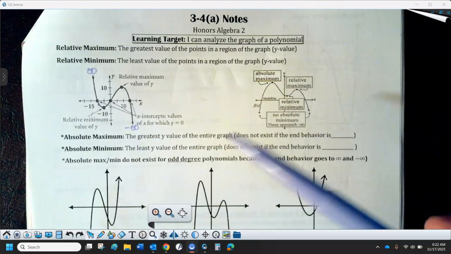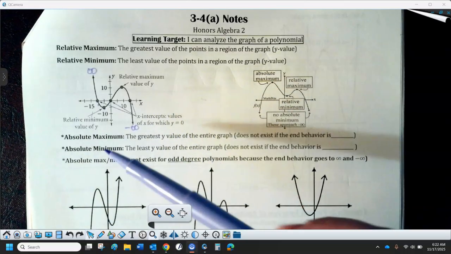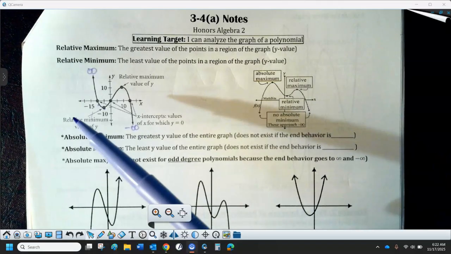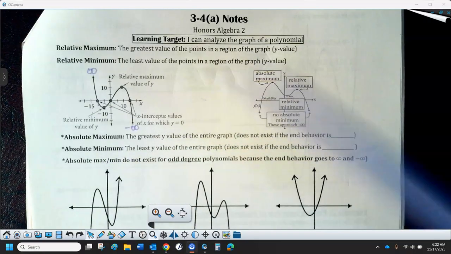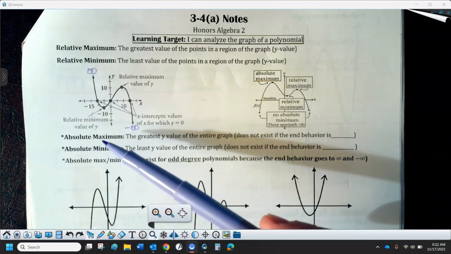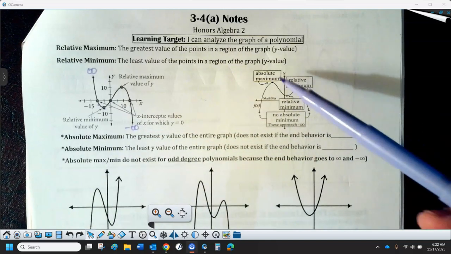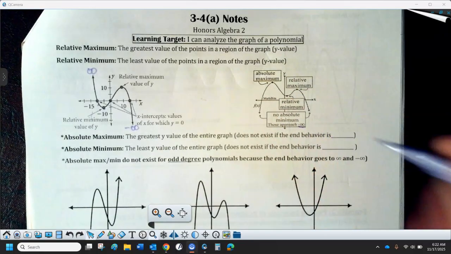Now, if you have an odd degree, you do not have what we call an absolute maximum or minimum. So I've got a little picture over here to illustrate that. The absolute maximum or minimum means there's no other point on the graph above a maximum or below a minimum. So in this example right here, both ends approach negative infinity.